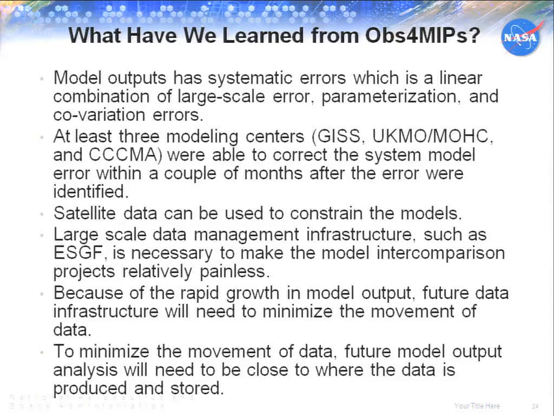And satellite data, of course, can be used to constrain the model. And large-scale data management infrastructure, such as ESGF, is critical, is necessary to make the model intercomparison project relatively painless.